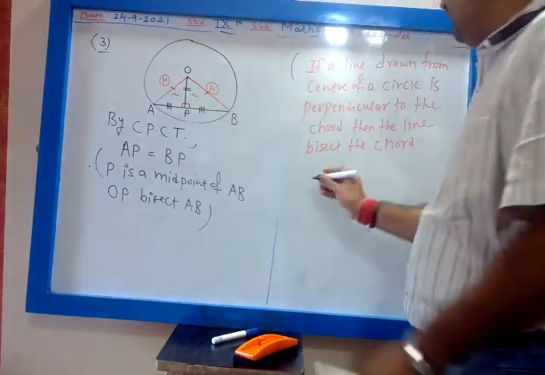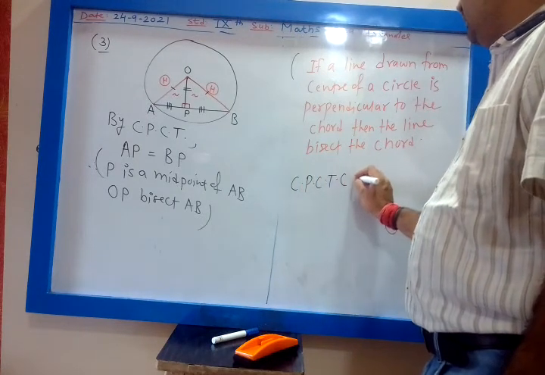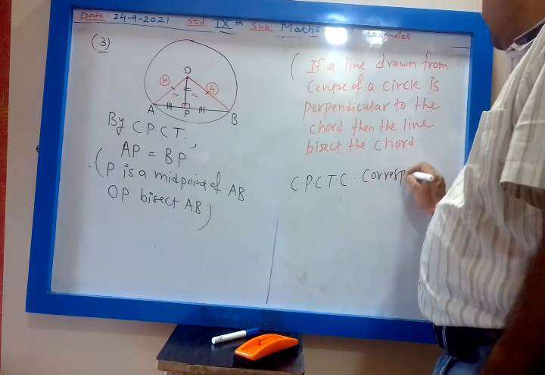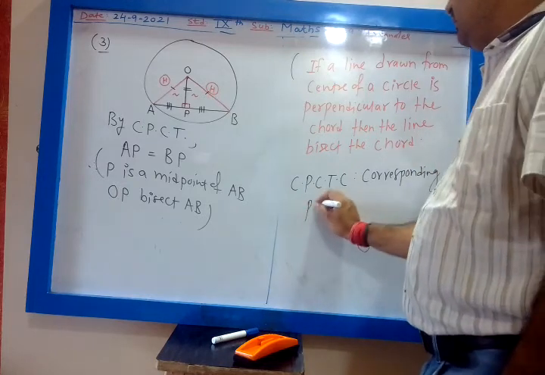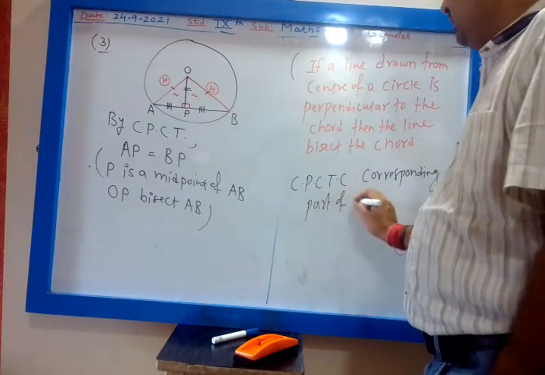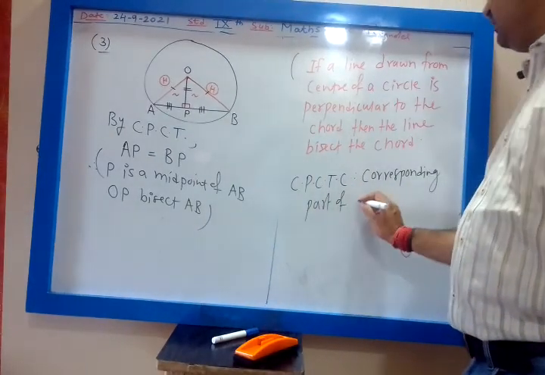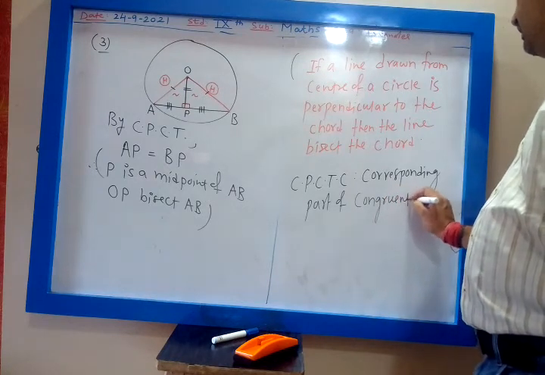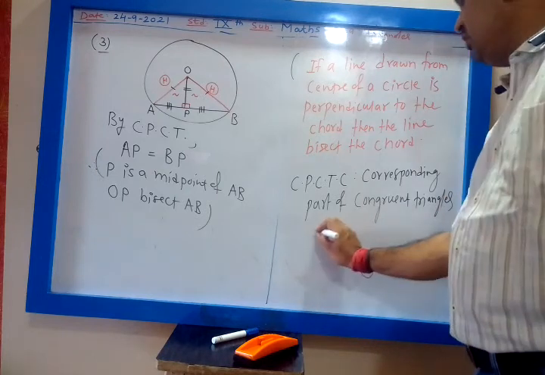See, in the textbook it is written CPC. This is corresponding parts of congruent triangles. So you write this: corresponding parts of congruent triangles are congruent.